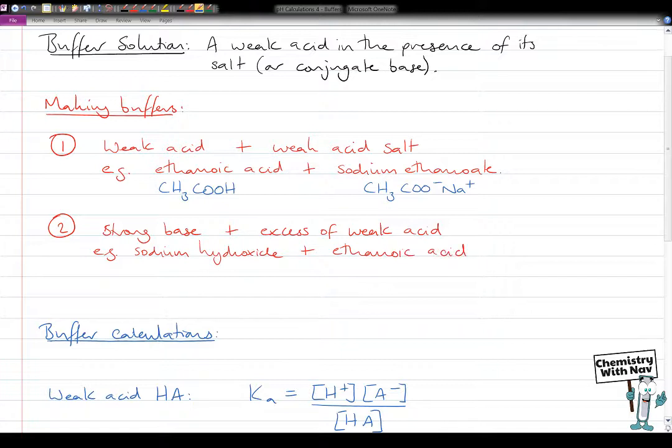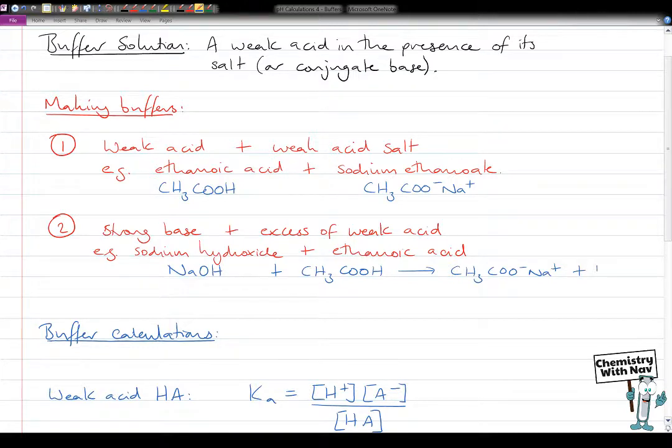So what happens is that your sodium hydroxide, your NaOH, reacts with the ethanoic acid, and that ends up forming your CH3COO- Na+. So we've made the sodium ethanoate, the salt, in situ.